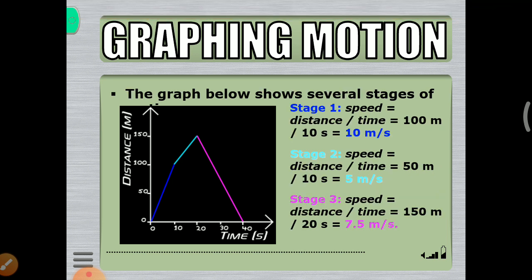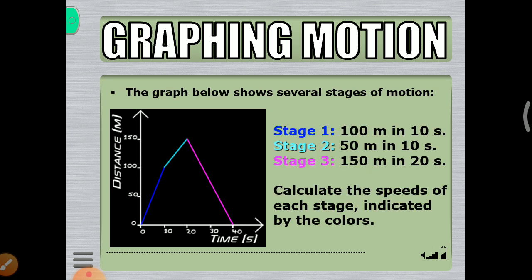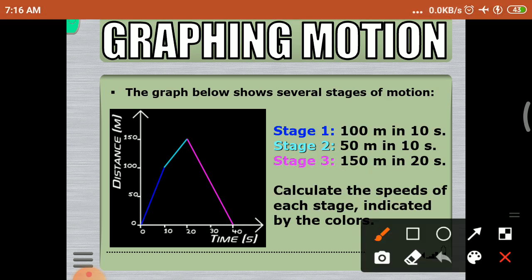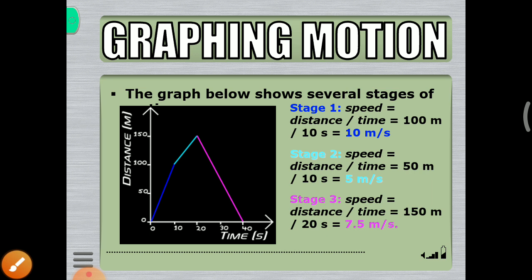You know the formula of speed equals distance by time. In stage 1, we know that the distance is 100 meter in 10 seconds. So here I substituted the distance, 100 meter per 10 seconds. If I divide 100 by 10, I get 10 meter per second.